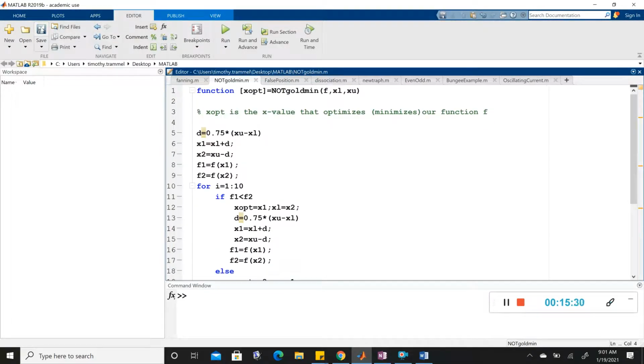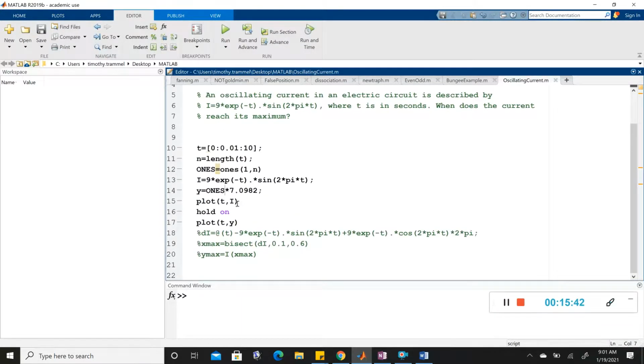Okay, so I'm going to hit save. And notice again, the name of the file and the function match. And let's go over to our oscillating current. Okay, so we had found the maximum, right? The maximum using our first derivative and bisect, okay?